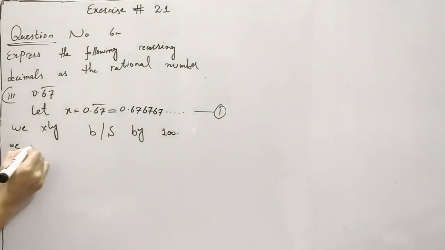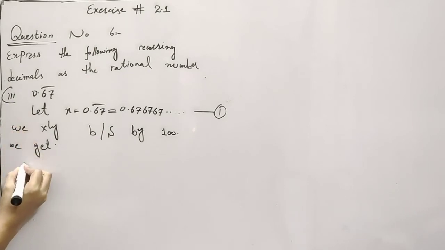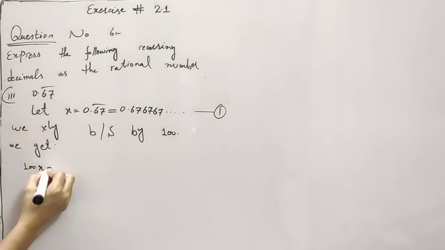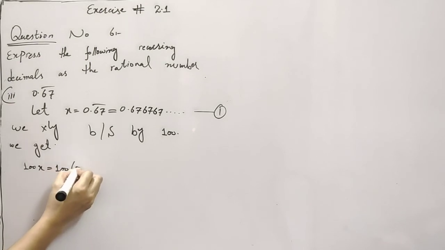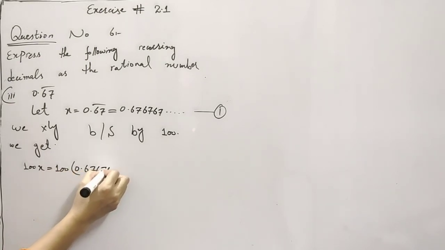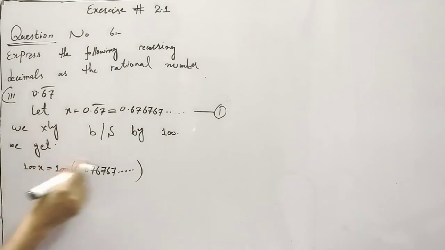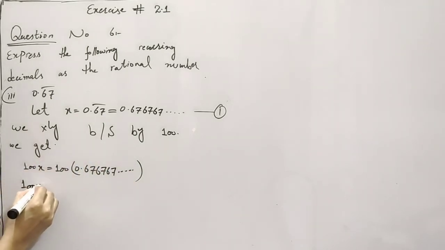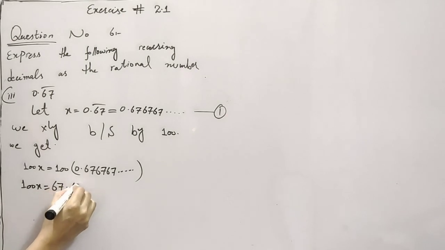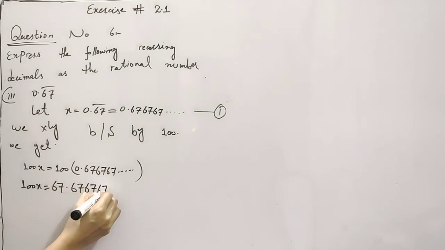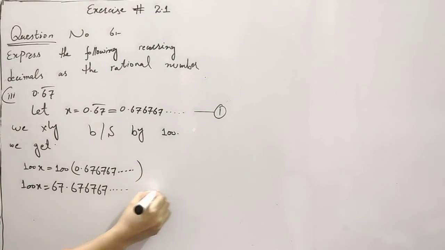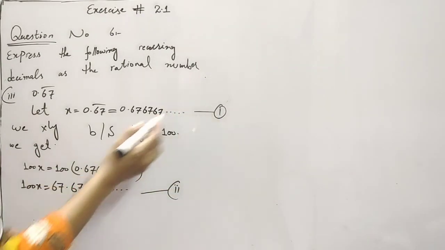We get 100x is equal to 100 times 0.676767 and so on. So 100x is equal to 67.676767 and so on. Call this equation number 2.